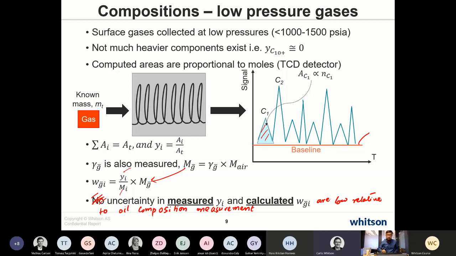Having said that, the heavier components that you get in the flash gas are still lighter than, let's say, where the baseline shift starts. They are going to be eluted and quantified by the GC with a high degree of accuracy. So it's not right to say that they're not there. The C6 to C12 components are there, and they're quantifiable.